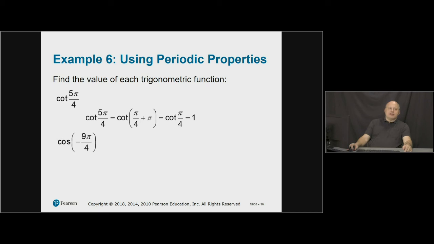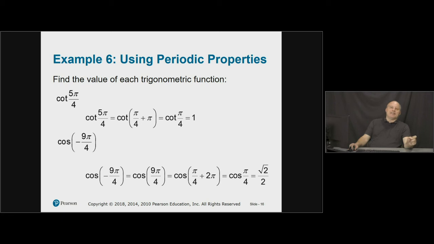And then the cosine of negative 9 pi over 4 is equal to cosine of 9 pi over 4. Do you remember why that's true? Yeah, if you said cosine is an even function, remember cosine of negative t and cosine of positive t are the same thing. There's a lot to remember here.